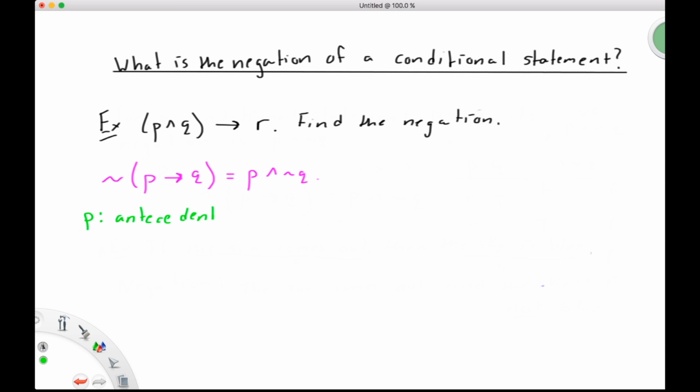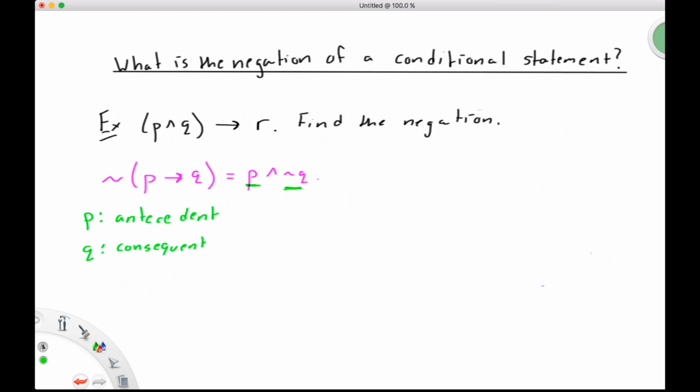Well, notice that that stays the same. We don't touch that at all when we take the negation. And Q, which is known as the consequent of a conditional statement, does change, and we negate it. So our goal here is to identify, based on what is surrounding this arrow in the conditional we have written, what's the antecedent and what's the consequent. And then we'll put an and between them in the end.